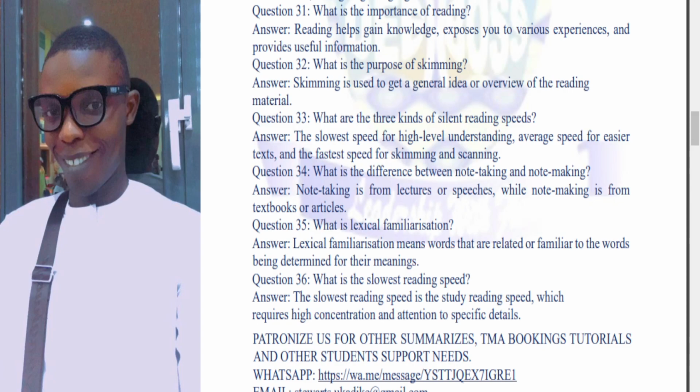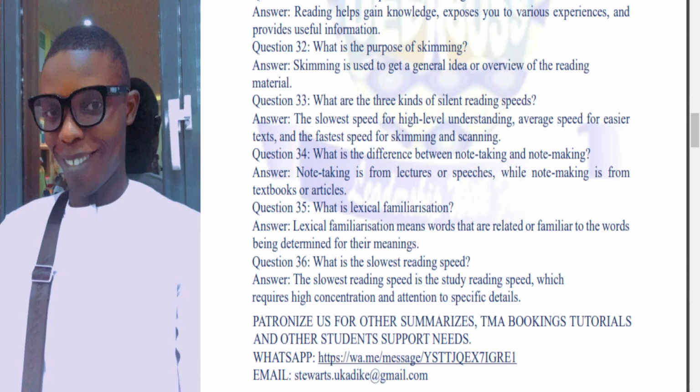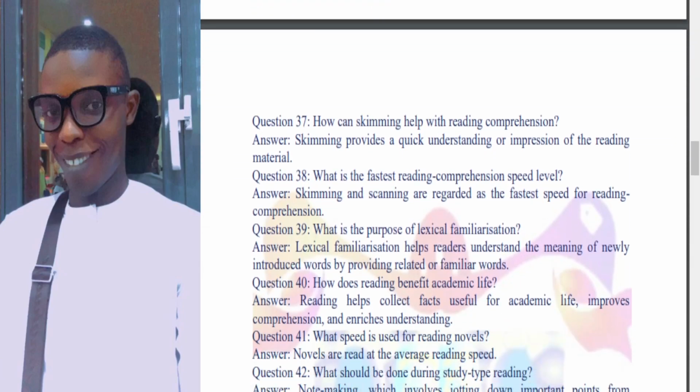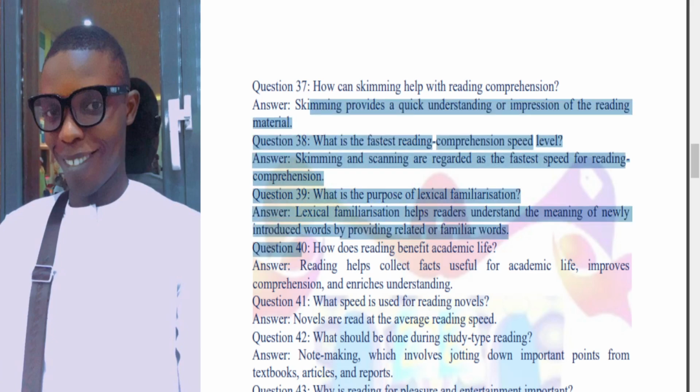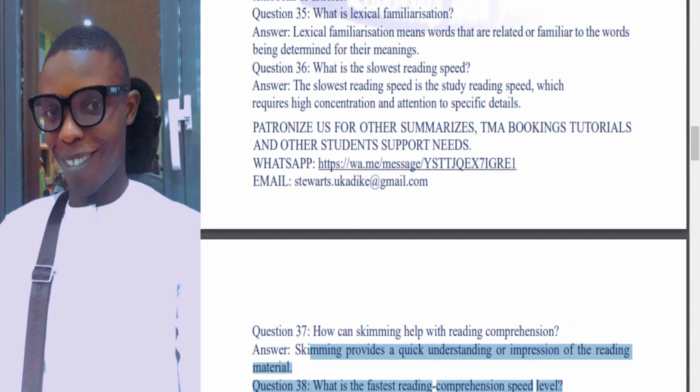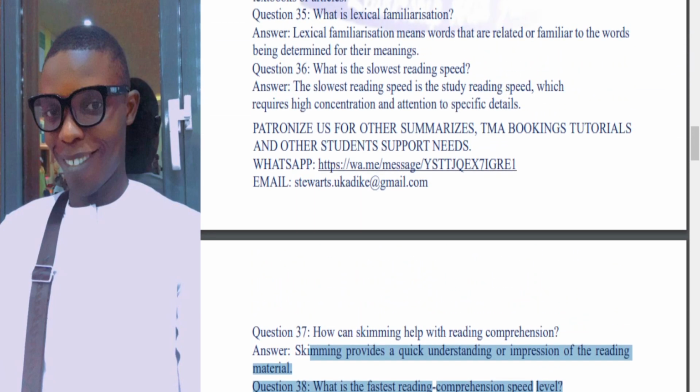Then we have the slowest reading speed, which I explained when I was talking about skimming and scanning. The slowest reading speed is the study reading speed. This requires high concentration and attention to specific details. Sorry, the slow reading speed is not skimming and scanning; the fast reading speed is skimming and scanning. In the slowest reading speed, you are most focused.